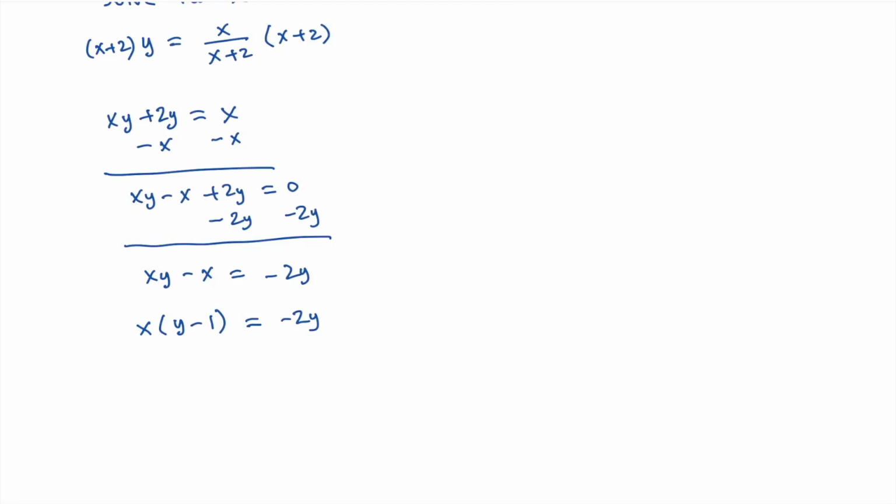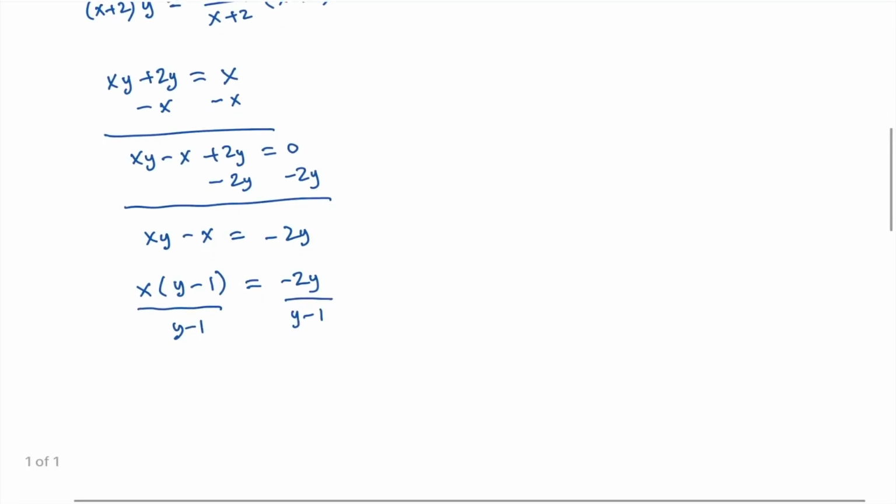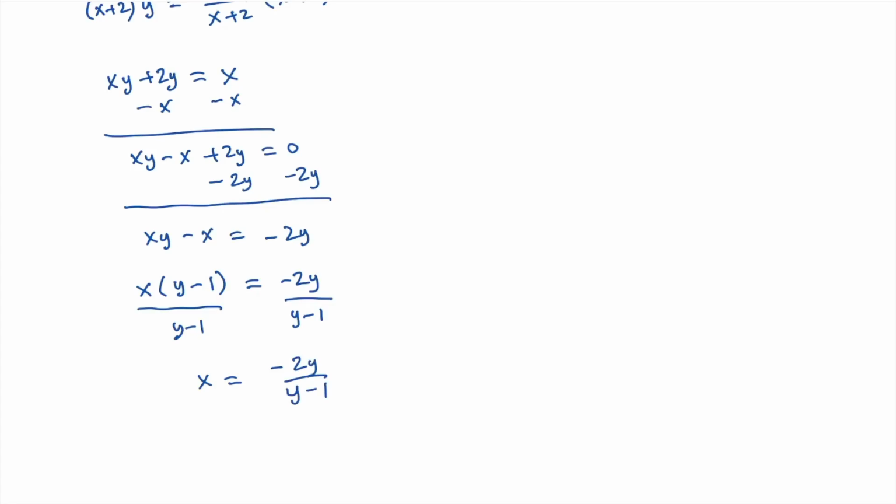X times minus 1 gives us the minus x back. So we're good. Now we just need to divide by y minus 1. And so we get x is minus 2y over y minus 1. That's step 2, solving for x.